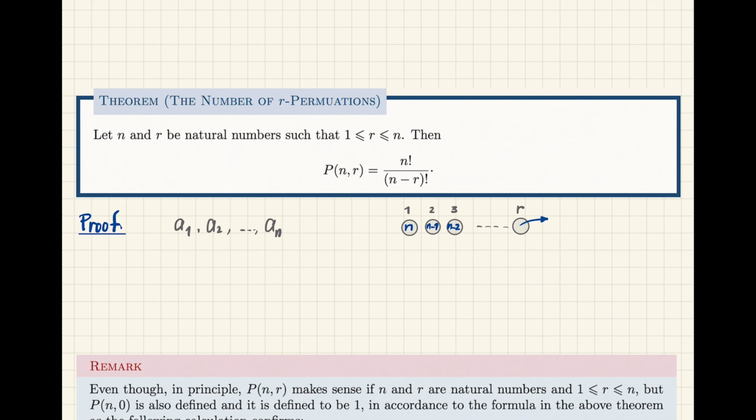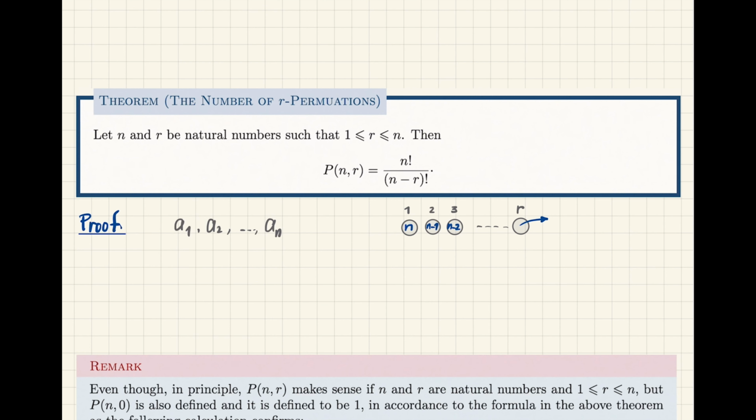And then I go to the next box. How many marbles are left now? n minus 1 marbles are left, and I have to choose one of them because each box should be filled with exactly 1 marble. I can choose any one of them. So for the second box, I will have n minus 1 options available. For the same reason, the third box will have n minus 2 options available.